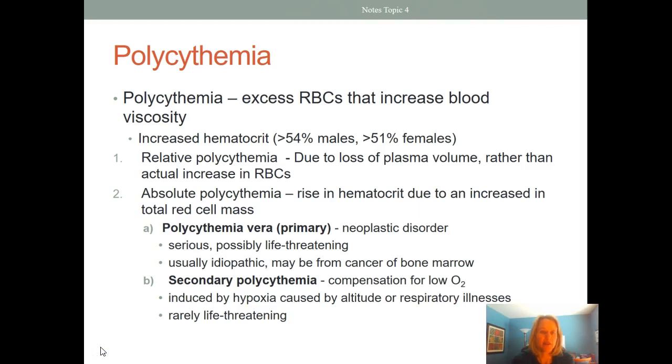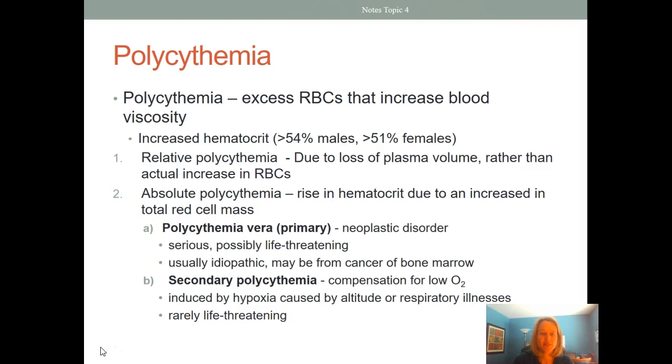Okay, and our last topic on red blood cells is polycythemia. Polycythemia is when we have excessive red blood cells that are going to increase the blood viscosity or thickness. So this is going to result in an increased hematocrit of greater than about 54% in males, greater than 51% in females. So we have relative polycythemia and absolute polycythemia.